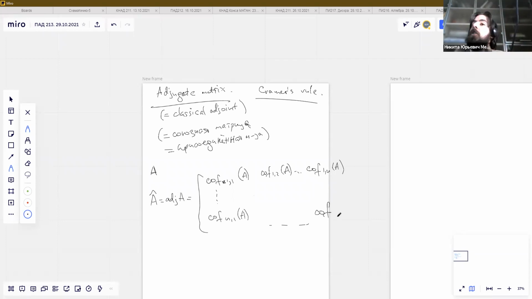For each element, we cross out the corresponding row and column, compute the minor, then we put a plus or a minus depending on the place in the matrix in a chessboard pattern. The results are called cofactors. We form a matrix of them, and then we transpose it. The result is called the adjugate matrix. Any questions at this moment?